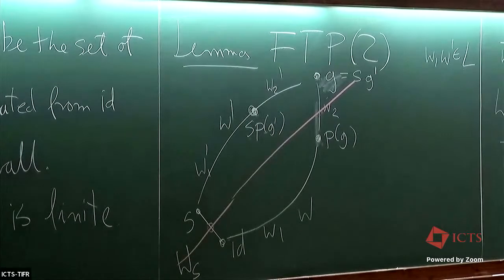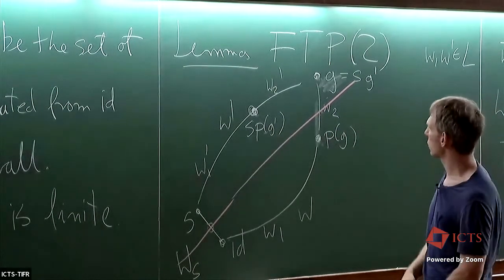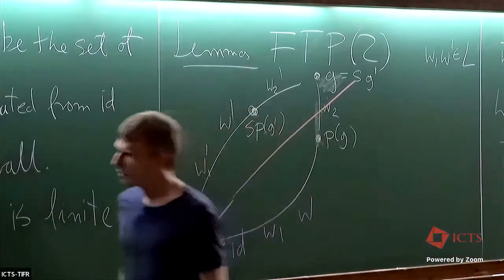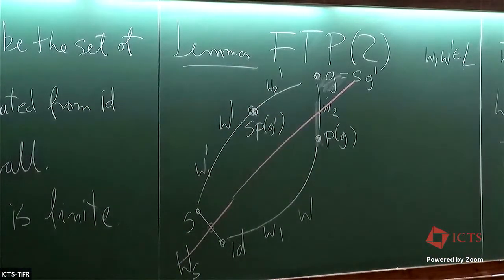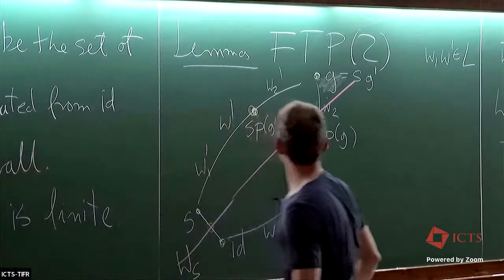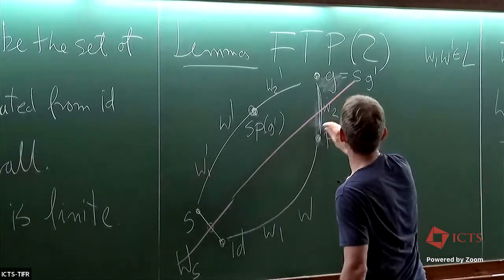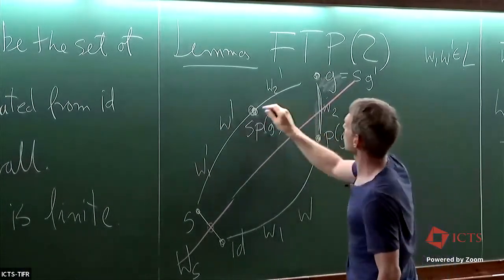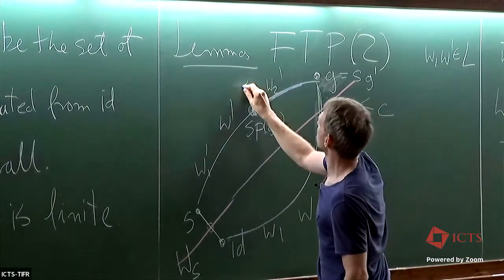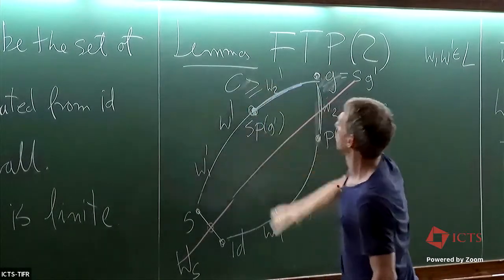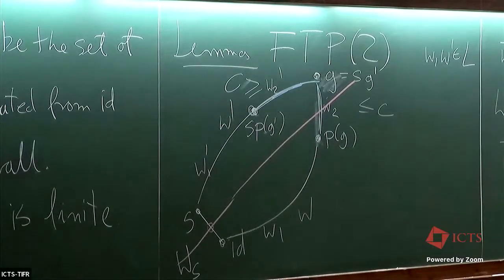Okay, so now let's try to understand a bit more this situation. As we said, these two paths labeled by W2 and W2 prime are short. They are of length at most C, where C is the constant from theorem 2.